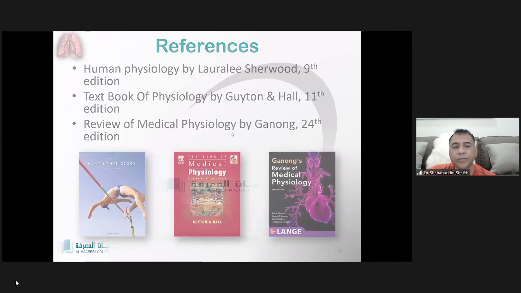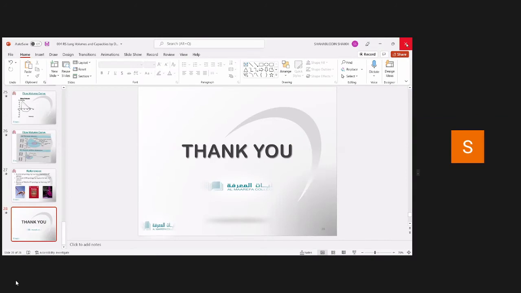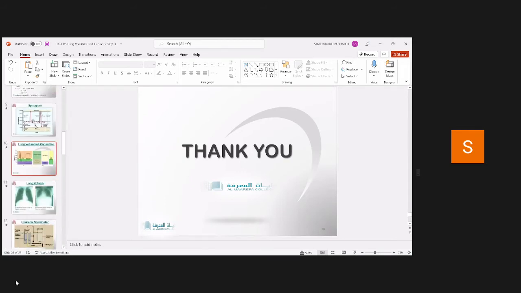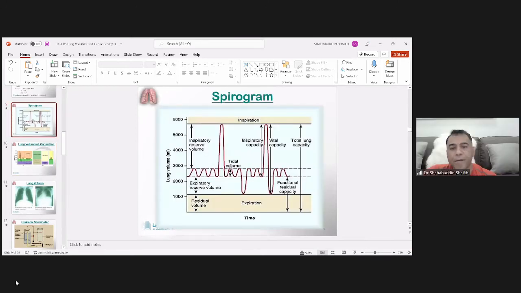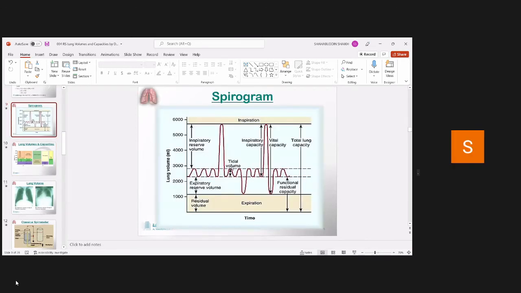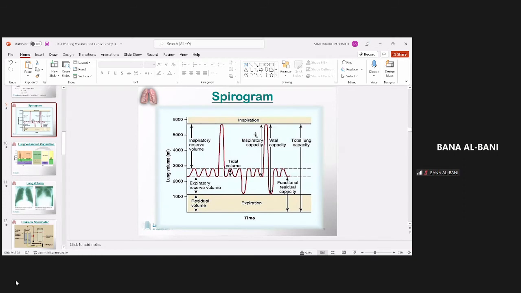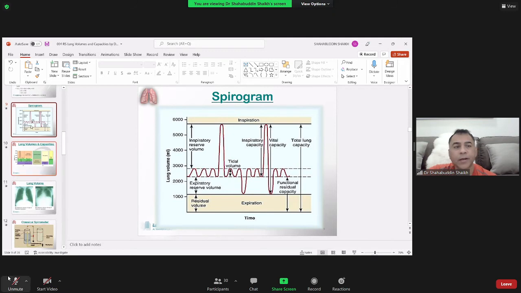Any question you have? In the spirogram graph, should we know the lung volumes?